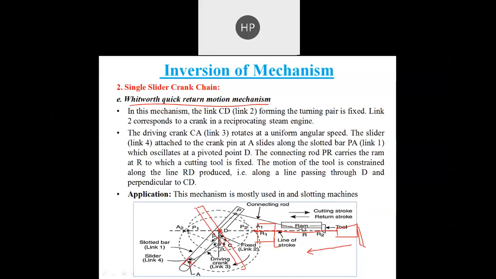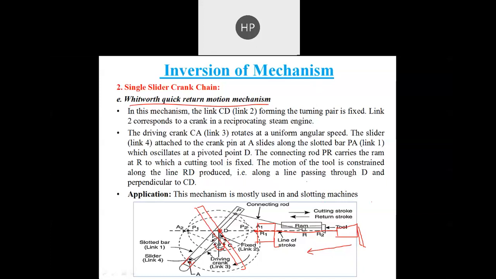Again here you can see this angle is greater than this one, so in this case again the forward stroke has a larger time as compared to its return stroke.